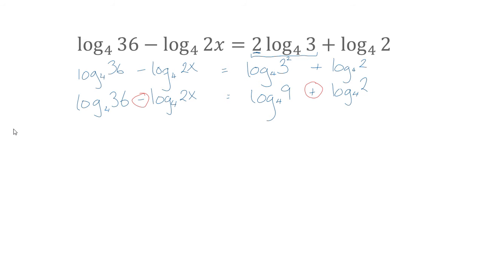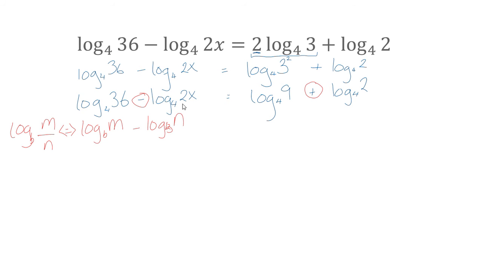When we have the log of 2 numbers divided by each other to a base, we can write that as the log of the first number to the same base minus the log of the second number to the same base. And these work in both directions.